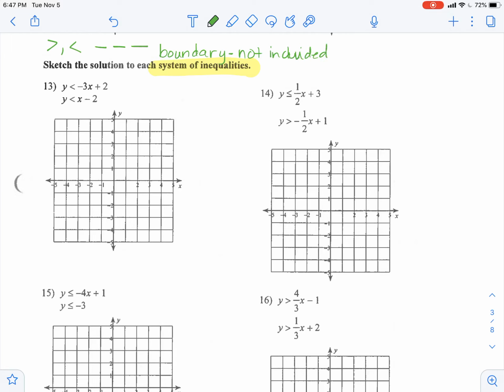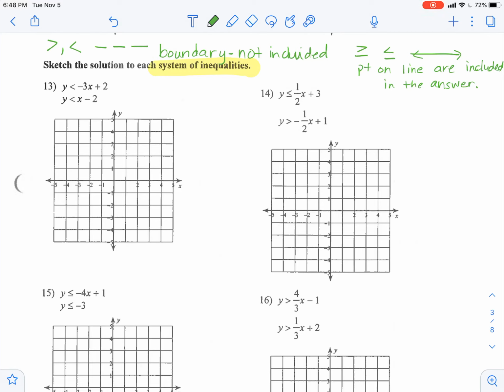And if you have greater than or equal to or less than or equal to, then it's going to be a solid line, which means points on the line are included in the answer. So remember that. That's a key thing about it.